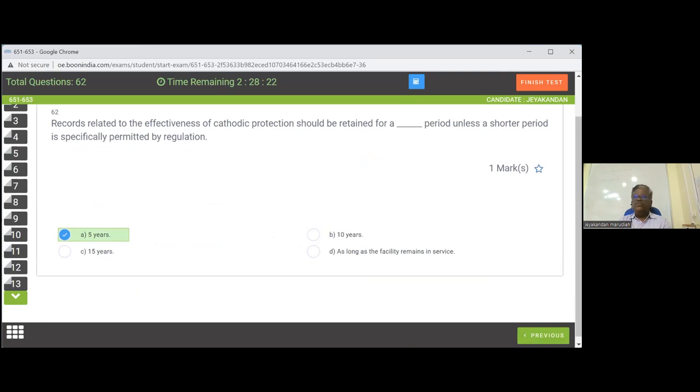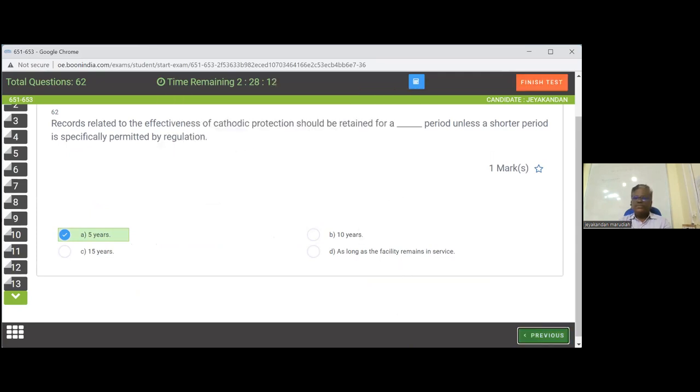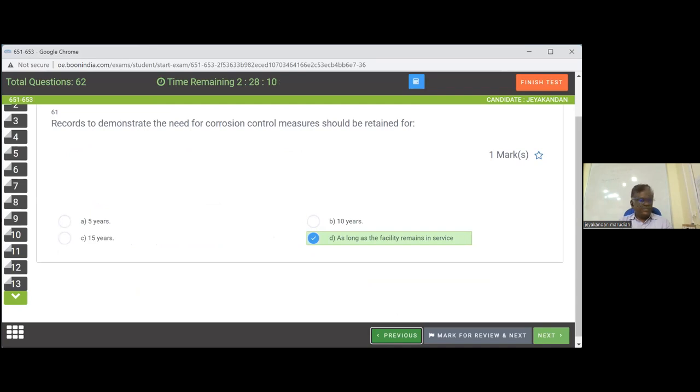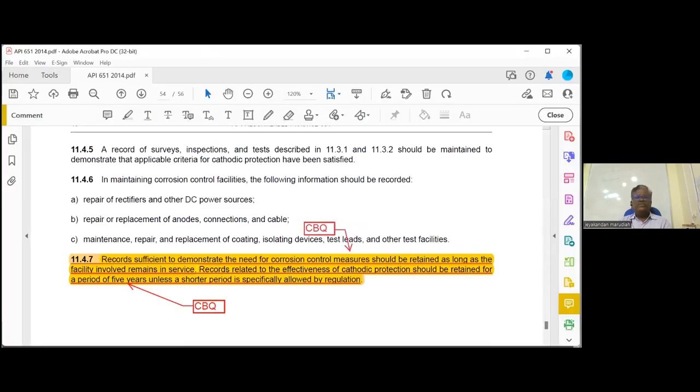So we have almost covered most of the code book. Question 61 is coming in, sir. Orange, sir, 61. The records to demonstrate the need for corrosion control measurement should be retained as long as the facility is in service. Yes, sir, first line: records sufficient to demonstrate the need for corrosion control, as long as this.